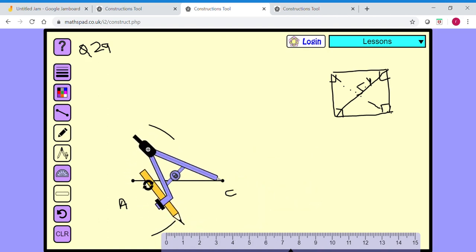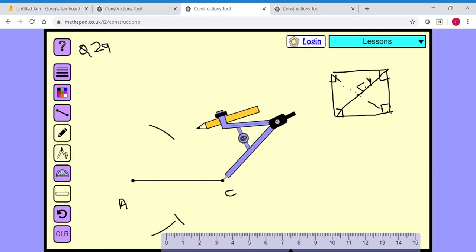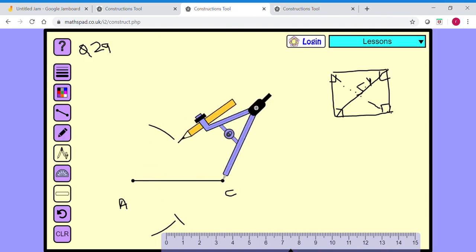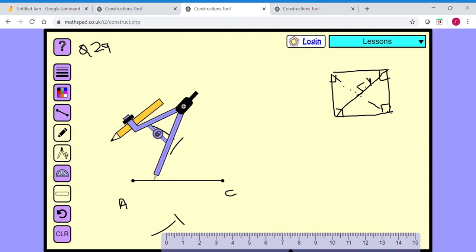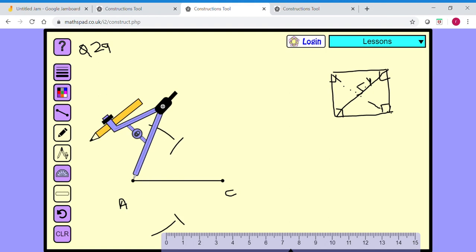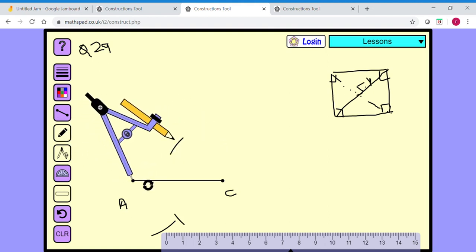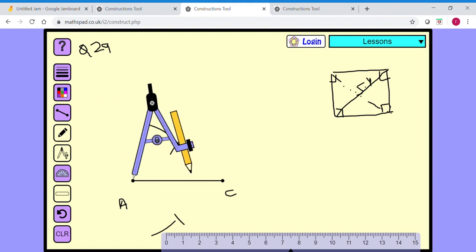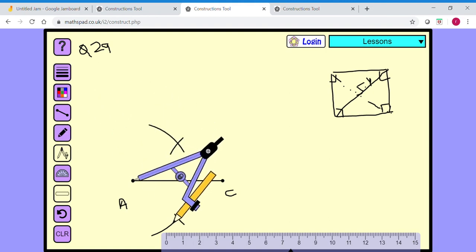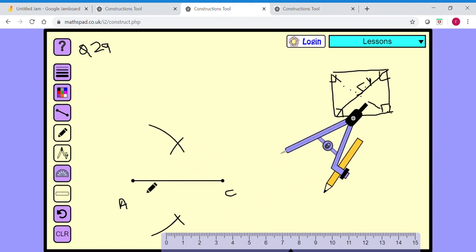Okay, I will extend it later, and then cut this arc. Perfect. Go back to A because the first one was slightly short. Cut this here, go here, cut this here. Perfect. So this gives me my second diagonal, which will make an angle of 90 degree here.